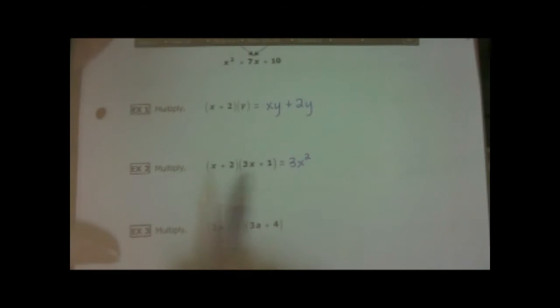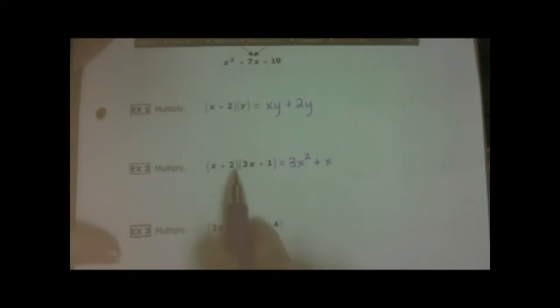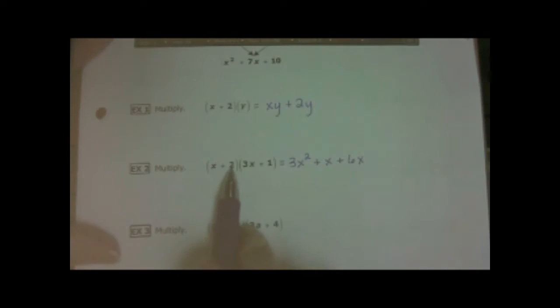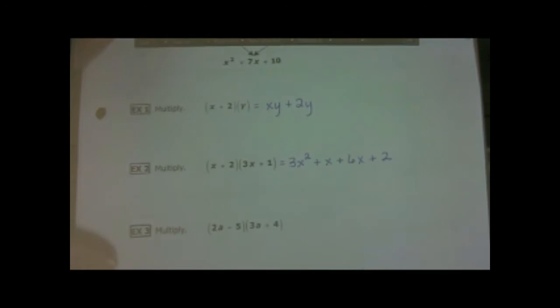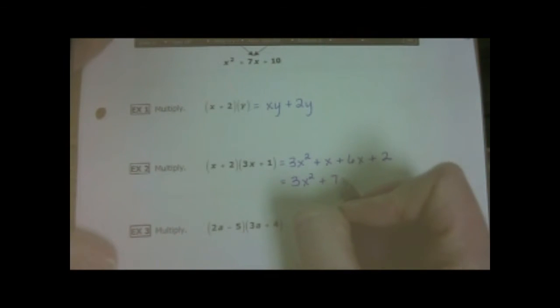My outers, x times 1, is plus x. My inners, 2 times 3x, is plus 6x. And the last, 2 times 1, is plus 2. Go ahead and combine your like terms, which is the x and the 6x, gives you 7x. So we've got 3x squared plus 7x plus 2.